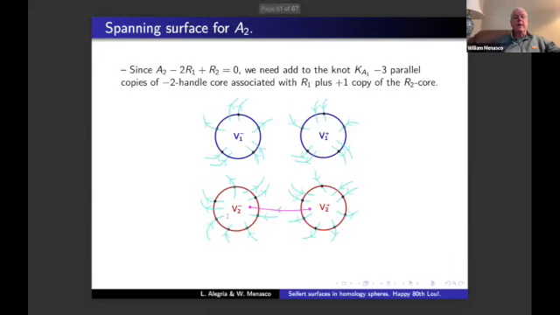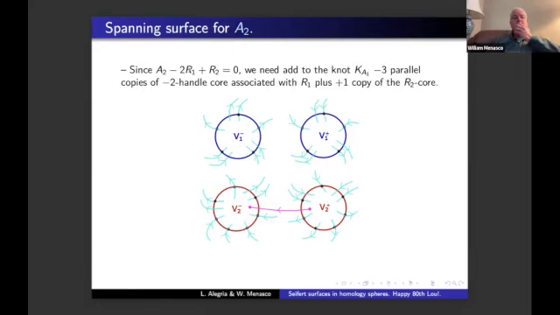And I'm going to work it out for computing the Seifert surface for the A2 curve that is associated with that generator inside the Poincare sphere.